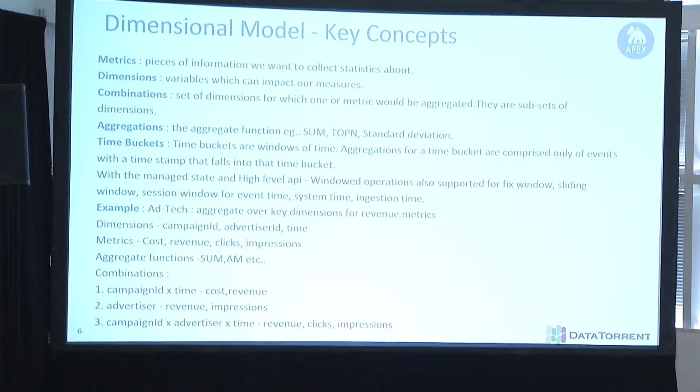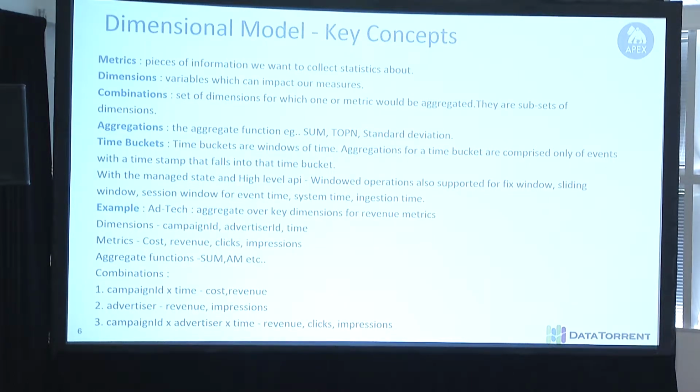All right. Before I dive a little deeper into how dimensional compute actually works, let me just touch base upon a few concepts around it. In any dimensional model, you break down that model into metrics, the actual dimensions, a combination of the dimensions, then aggregations and time buckets. Now, metrics are just pieces of information around which you want to collect some statistics.